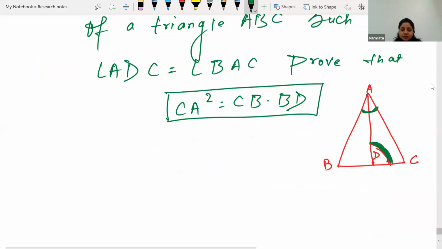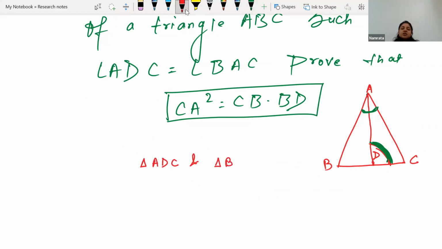Yes, ma'am. We have to prove that triangle ABC and triangle ADC are similar. Yeah, that's perfect. We have to prove that triangle ADC and triangle BAC are similar triangles, and then only we will end up getting this one.